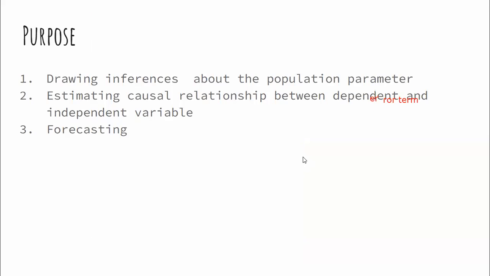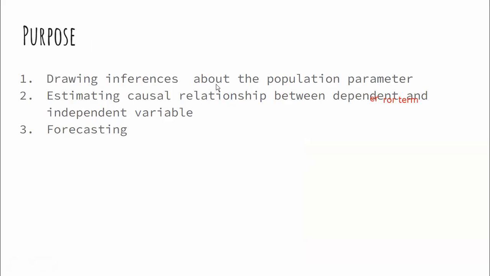Now let's come to the main topic. What is the purpose? Our purpose is clear, right? The first purpose is to draw inferences about the population parameter. So we drew inferences: from alpha hat and beta hat, we are able to infer about the population parameter. Second, estimate the causal relationship between dependent and independent variable.